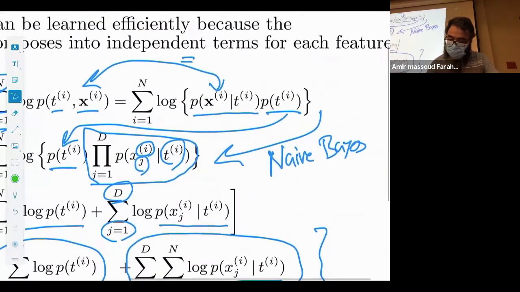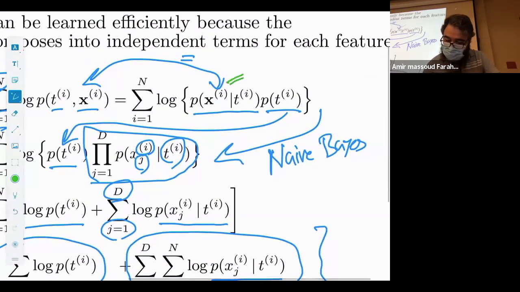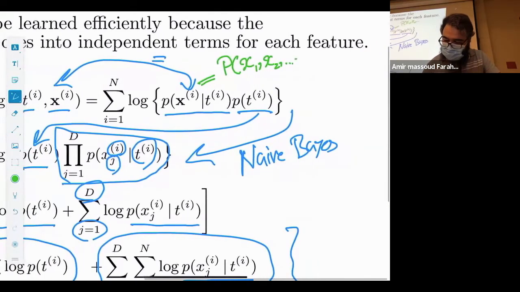Now what we have here, I ignore the index i, would be P of x1 to xd conditional on t.